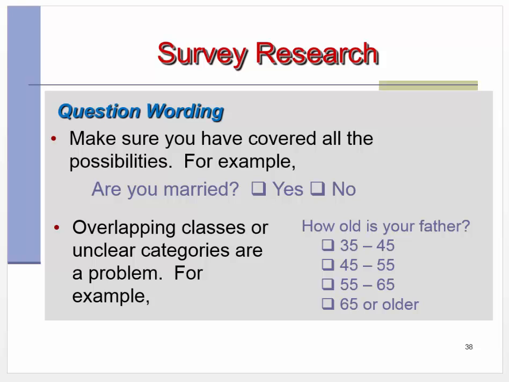Do you see any problems? Let's see, if someone is 45, how should the person answer? Should the person check the first choice or the second choice? The first choice is 35 to 45, the second is 45 to 55. So make sure you do not have overlapping classes or unclear categories.